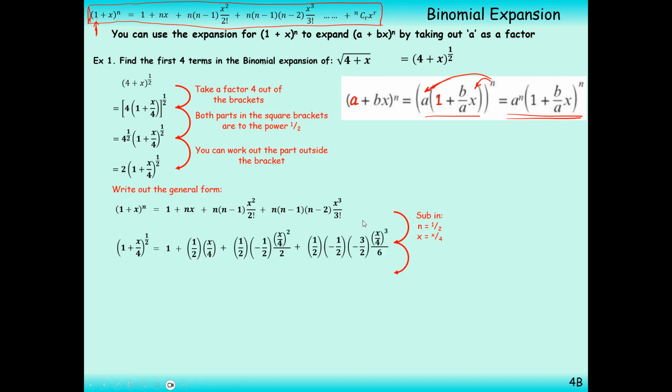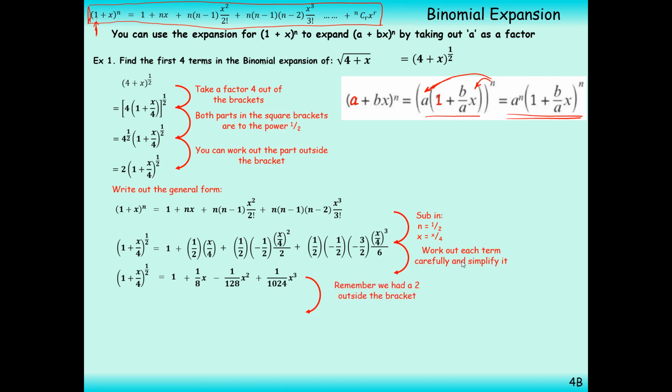So going through the motions and multiplying out the answers, you'll get this. Once you got to this stage, don't forget that there was the 2 outside our bracket. So we need to multiply every term here by a factor of 2.